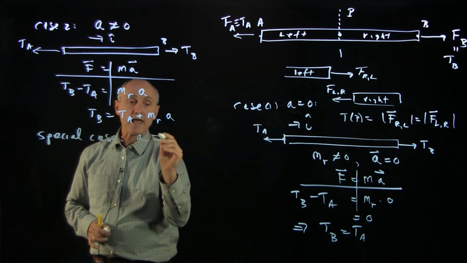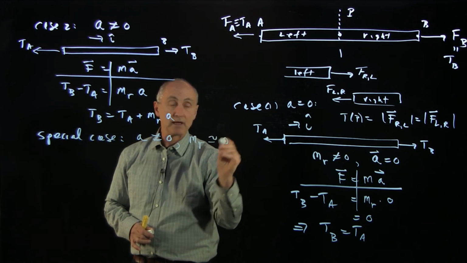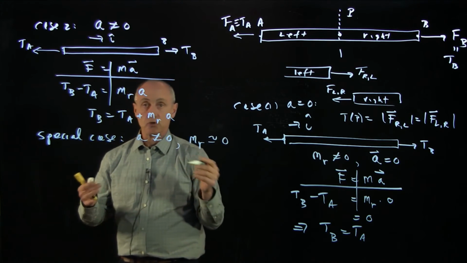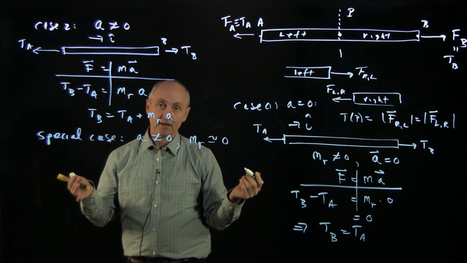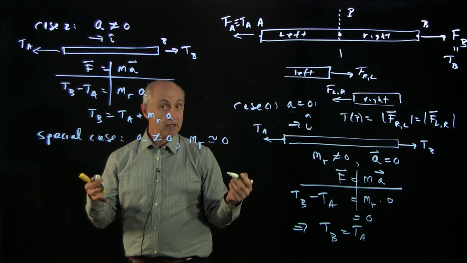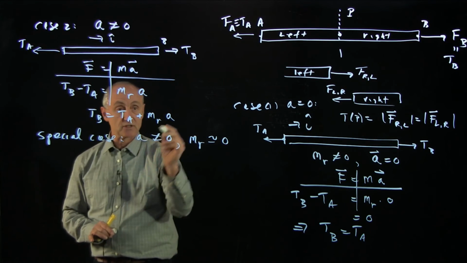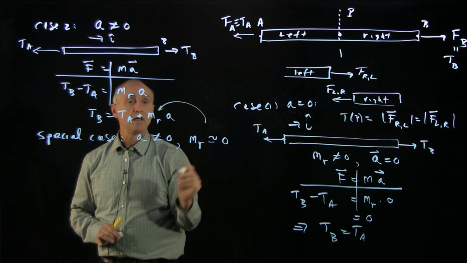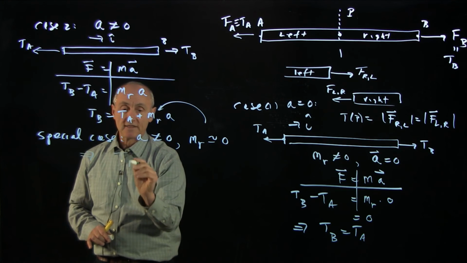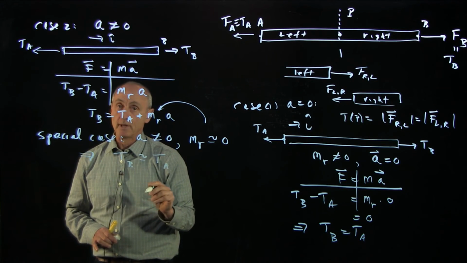Now there's a special case we want to consider. Even though a is non-zero, let's assume that the mass of the rope is very small. People often call this assuming the rope is massless, which is a little strange. We can say a very, very light string is often the same type of modeling. Under that assumption, there is no contribution here, and the tension is approximately uniform.